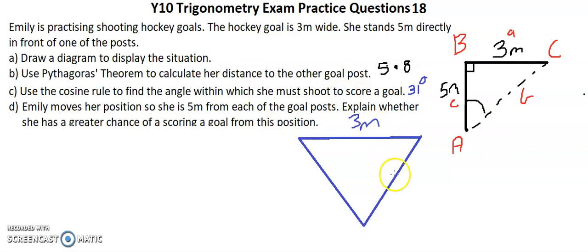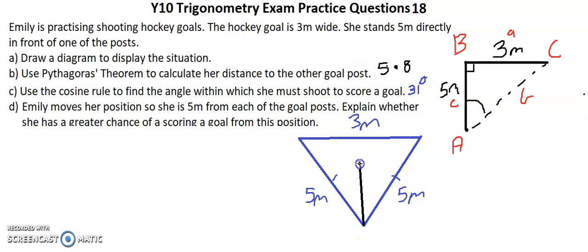And so this is an isosceles triangle, 5 meters and 5 meters. And we want to look at this angle here to determine whether she has a greater chance of scoring a goal from this position.